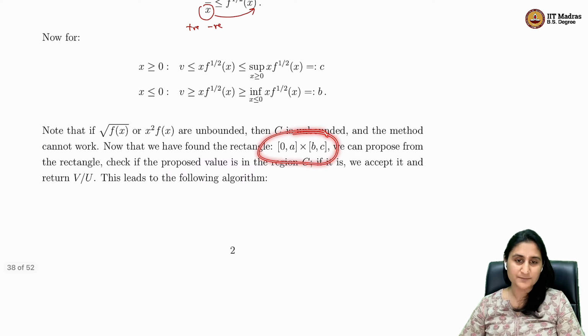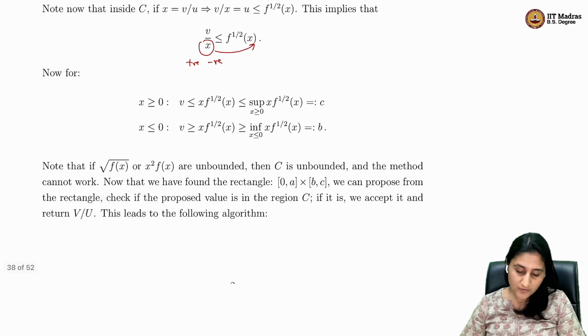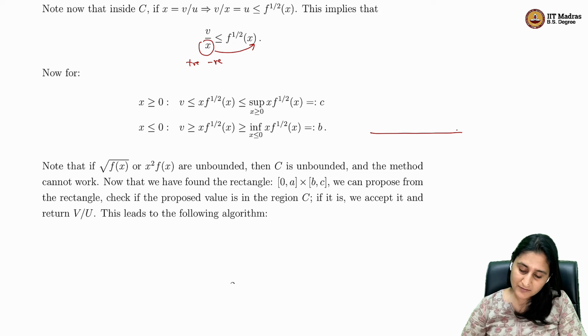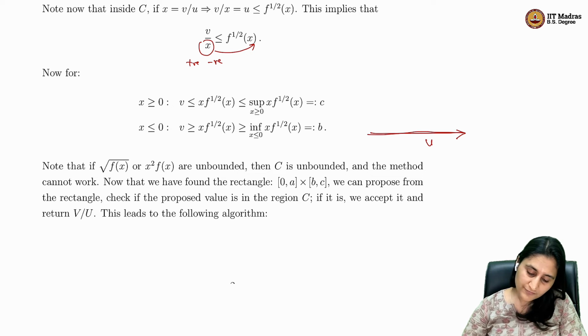and that can give me finally the actual box. Now notice that if either square root f of x or x squared f of x is unbounded, then either on the u-axis the box will keep on going, or on the v-axis the box will keep on going.